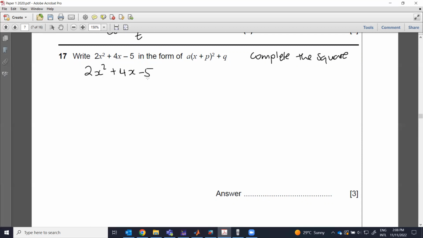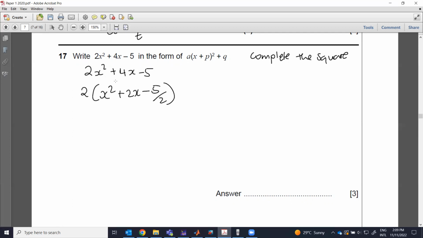Now, when you're completing the square and there's no equal to 0 or equal to something, what you first need to do is factor out the number in front of the x squared. So you'll have 2, then you'll say 2x squared divided by 2, get x squared. 4x divided by 2, this is 2x, and then minus 5 divided by 2, this is negative 5 over 2. That is always the first step.